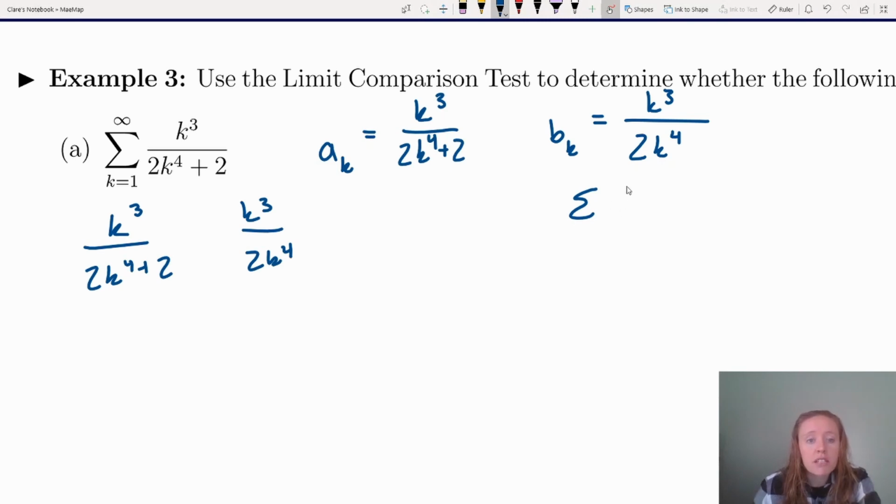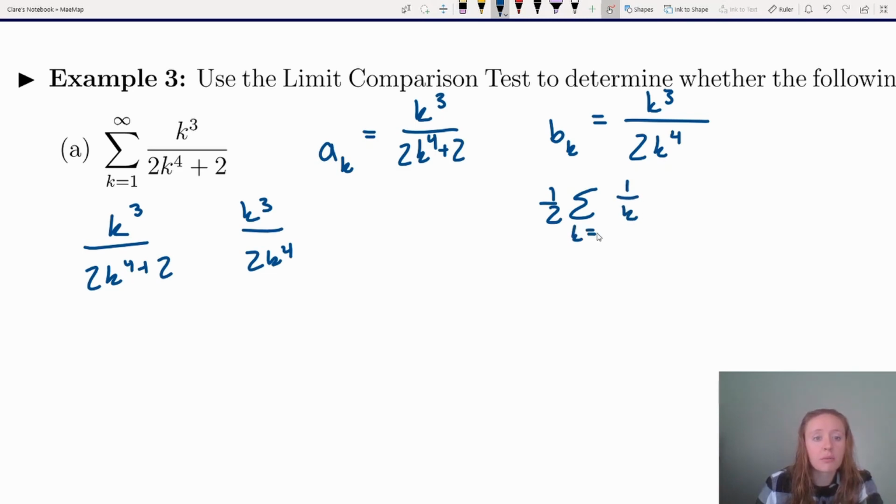The summation of b sub k, which is k cubed over 2k to the 4th, from k equals 1 to infinity, I'm going to rewrite by pulling my 1/2 out in front, and k cubed over k to the 4th is going to be 1 over k.